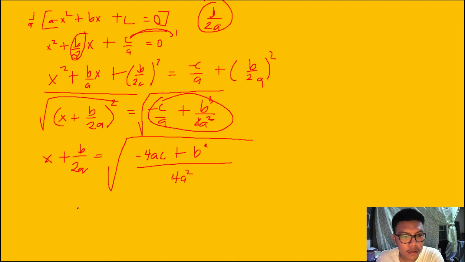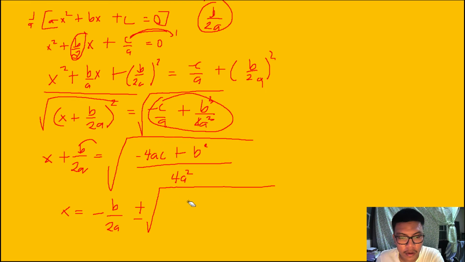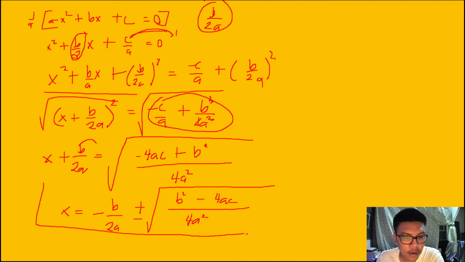So we have now x is equal to, okay, transpose natin to, negative b over 2a plus or minus square root of, okay, so negative 4ac. Okay, ayusin natin, baka mali to. So unahin natin yung b. So we have b squared minus 4ac all over 4a squared. So this one is our quadratic formula.